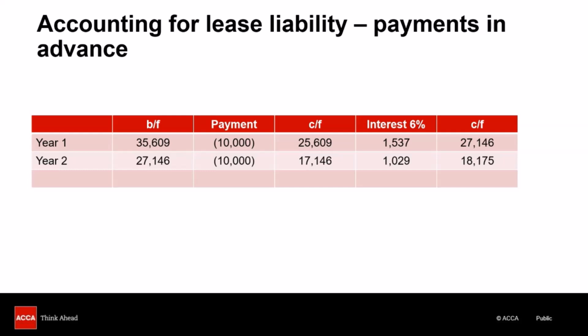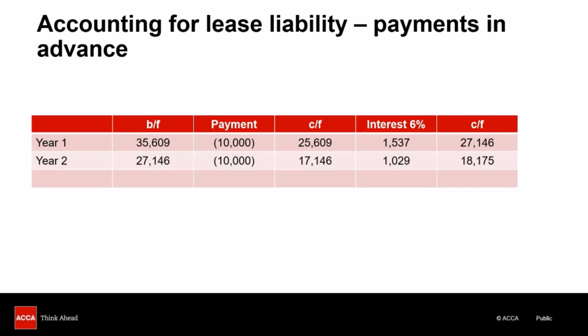27146. Now, this liability is going to become the opening balance of the next year, and immediately on the very first day, we are going to make the payment of the next installment. So 10,000 is going to be subtracted. Remember, in this 10,000, we have interest expense also, which is of 1537.